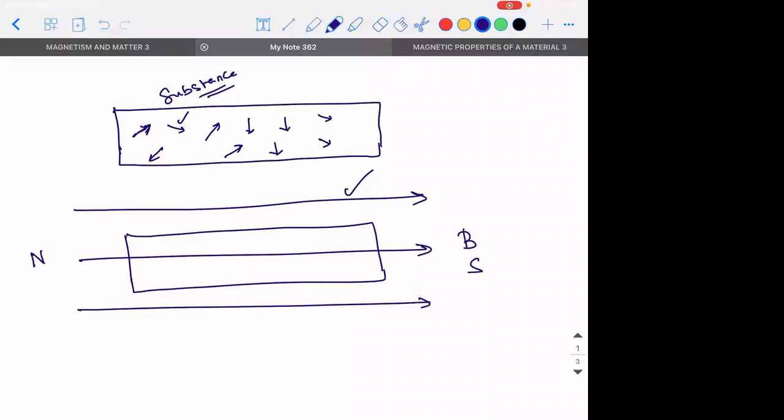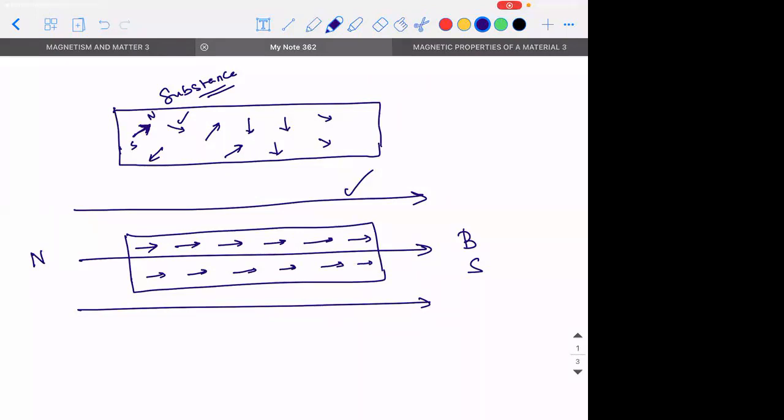And we know that the dipole moment is from south to north. So can I say that these dipoles will start experiencing torque and they will get aligned in the direction of the magnetic field in this scenario?